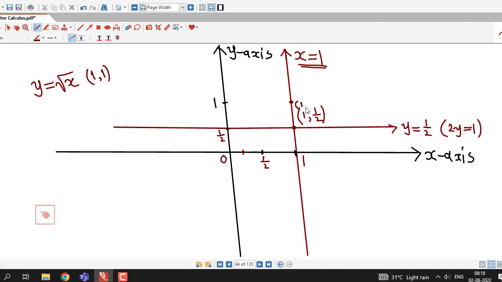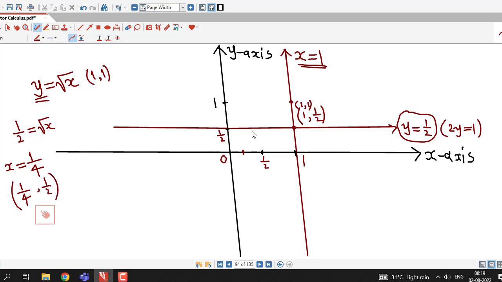It will pass through this point (1, 1), and if we take y equal to 1 by 2, if we are interested in the intersection of y equal to square root of x with y equal to 1 by 2, we put y equal to 1 by 2, and we find that x equal to 1 by 4 by squaring on both sides. Therefore this parabola will intersect the line y equal to 1 by 2 at point (1 by 4, 1 by 2).